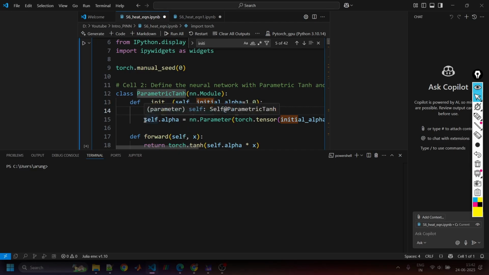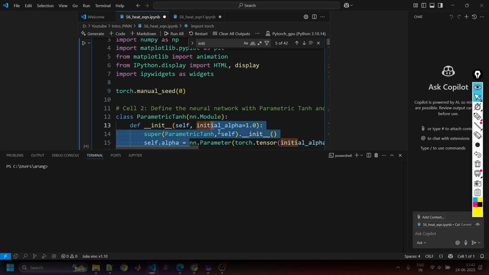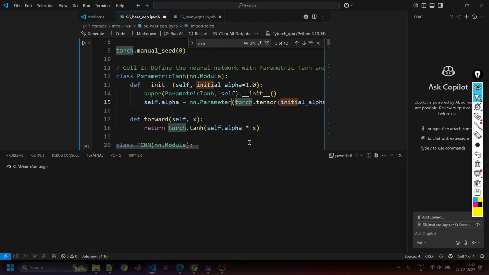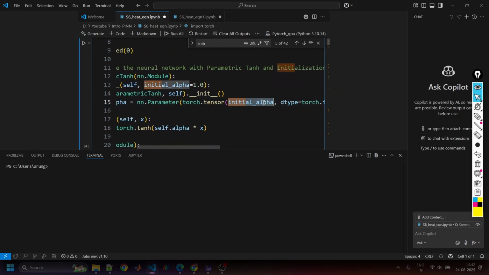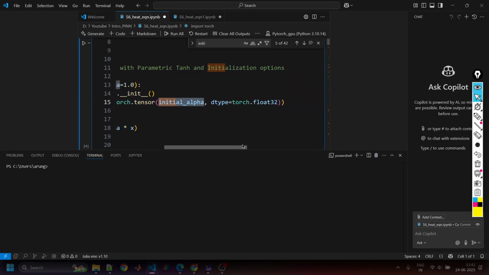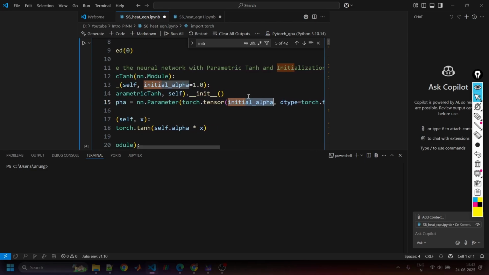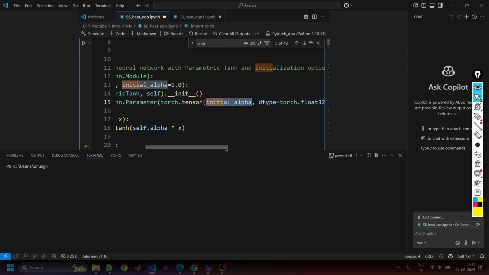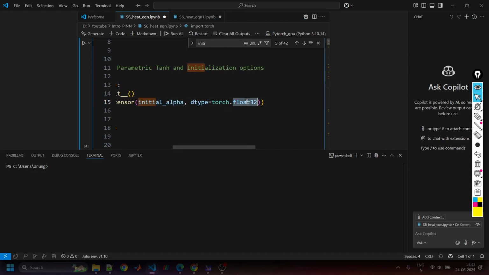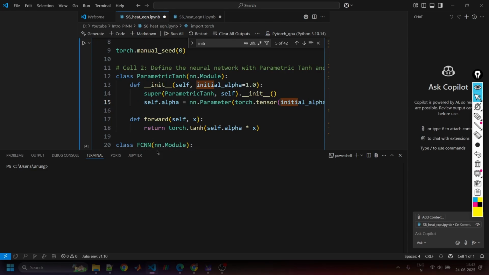If we define nn.Parameter and pass some value inside it, here we are passing a value, initial alpha, which is a variable. In the next step, we will make it 1 or 0.9 based on our requirement. It will take a data type of float32, because most neural networks use float32 as the default. But in most computations, we prefer double, that is float64.